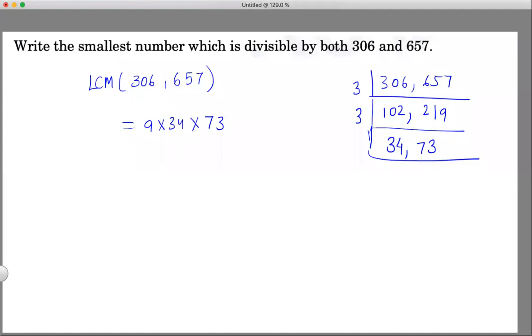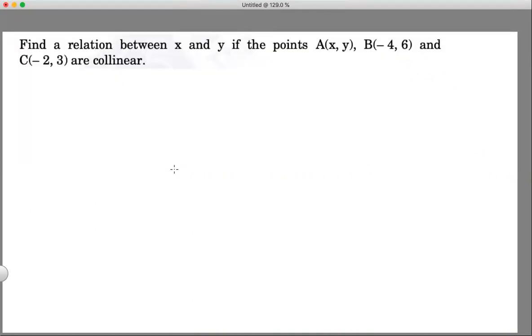Yeah. 2482. 22338. Okay. Great. So just a slightly lengthy calculation, not what CBSE prefers to give, but sometimes they do.